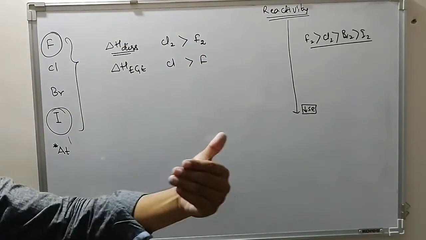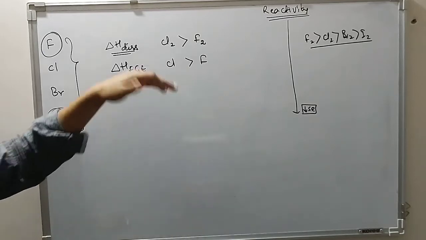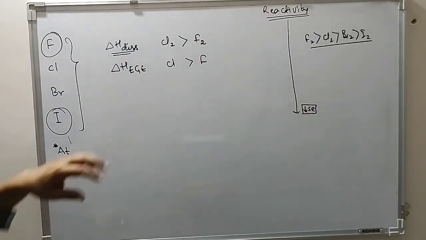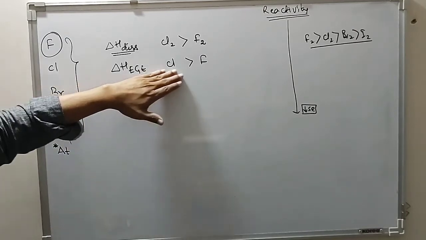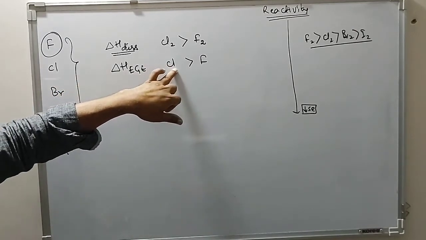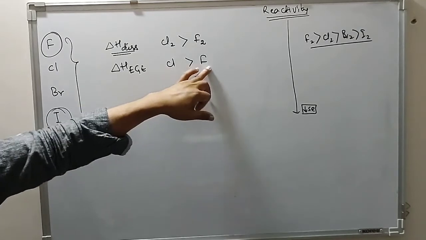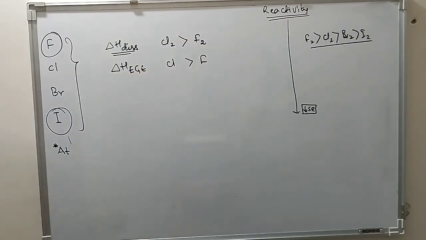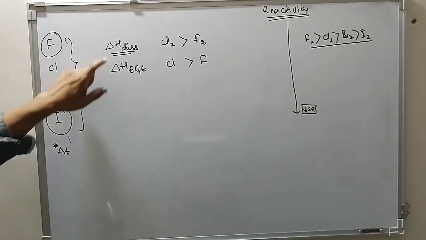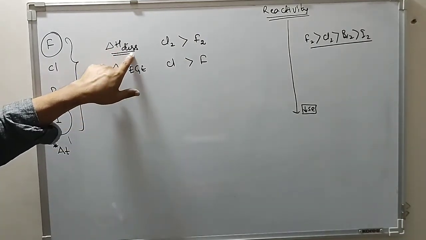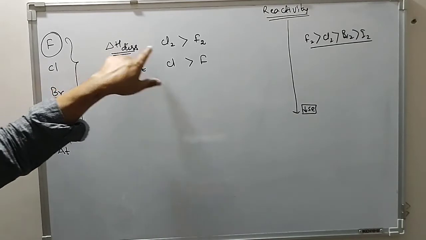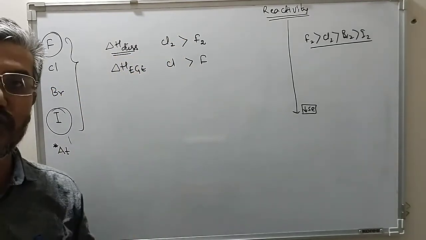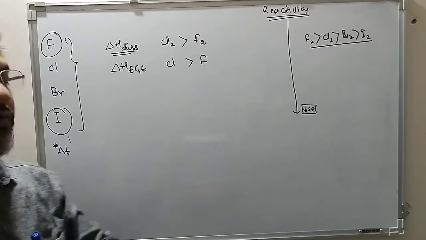So when we discuss reactivity, because all these halogens react to give the halide ion, look at the electron gain enthalpy value of chlorine, greater than fluorine. So obviously the reactivity of chlorine should be greater than that of fluorine. But the dissociation enthalpy of chlorine is greater than fluorine; the energy required to break the fluorine bond is very less due to high repulsive force.